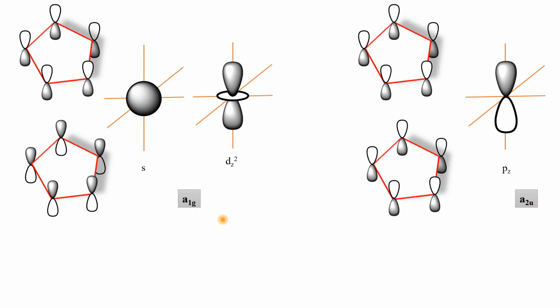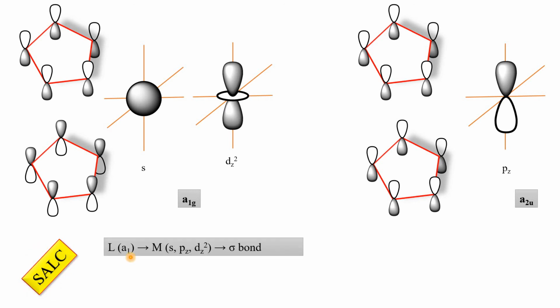Similarly, E1G and E1U and E2G and E2U. And SALC, as already explained, is symmetry adapted linear combination. First, the suitable orbitals of the two Cp rings combine with each other to form a new orbital. So ligand L here is the Cp, the A1.